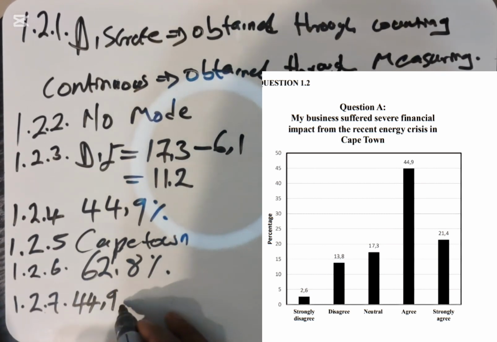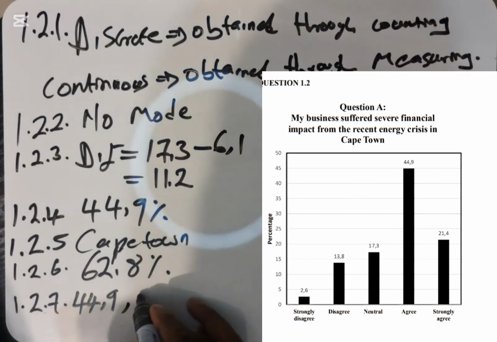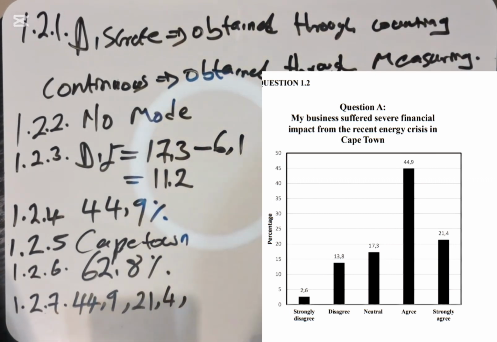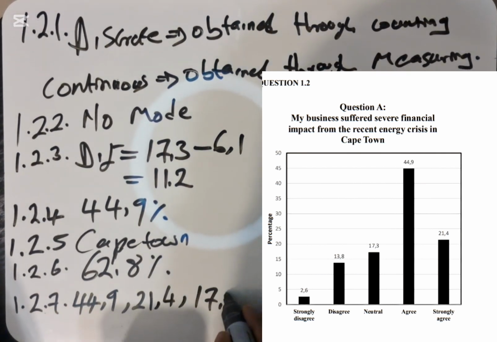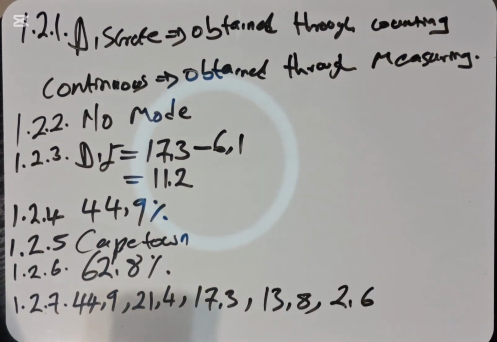From 44.9, we have 21.4. From 21.4, we have 17.3. From 17.3, we have 13.8. And then the last one is 2.6. So this is question 1.